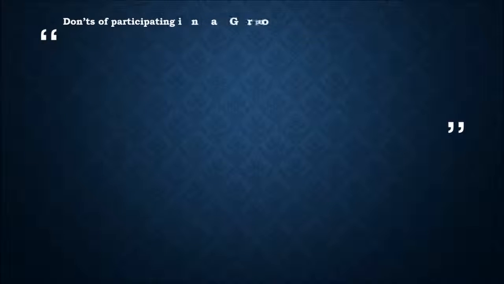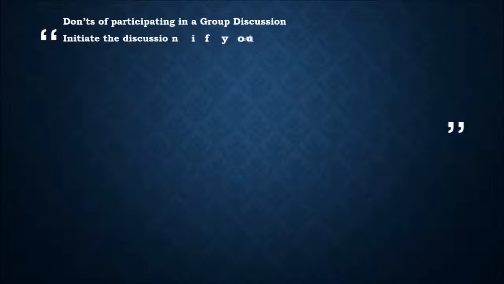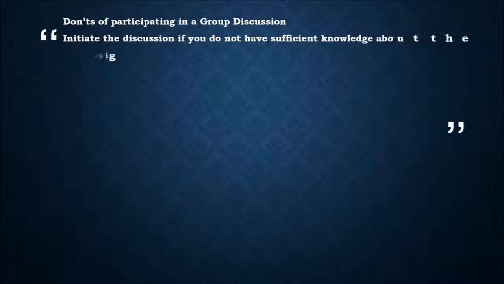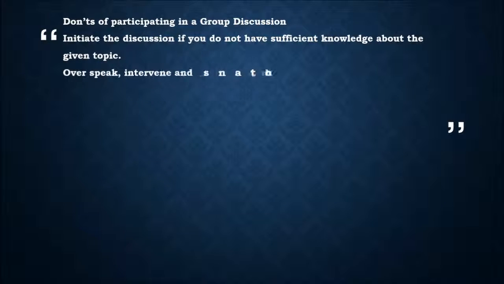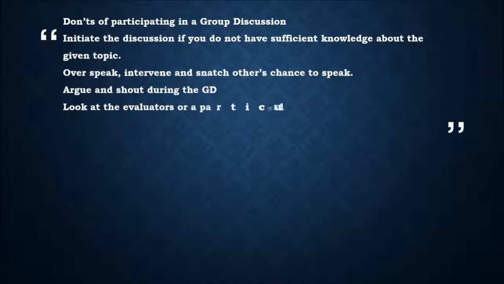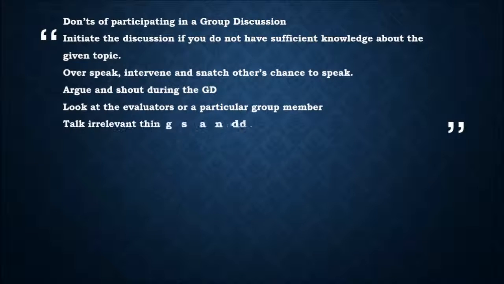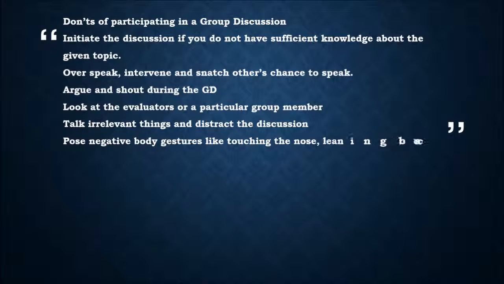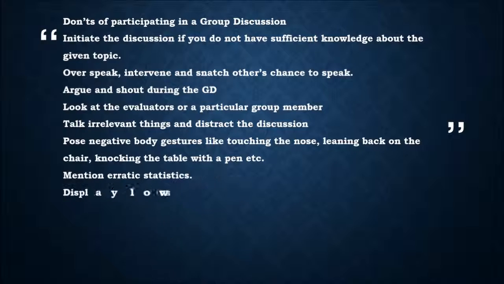Don'ts of participating in a group discussion. Initiate the discussion if you do not have sufficient knowledge about the given topic. Overspeak, intervene and snatch others' chance to speak. Argue and shout during the GD. Look at the evaluators or a particular group member. Talk irrelevant things and distract the discussion.